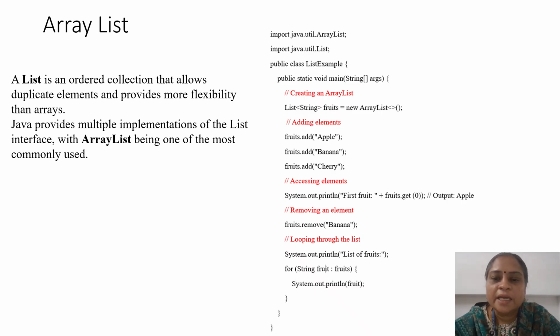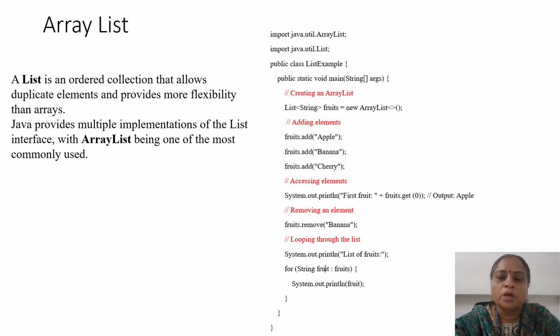Next, I'm adding elements to this list. My ArrayList name is fruits, right? So I take fruits, then I use the add method: fruits.add, and I can include apple, banana, and cherry.